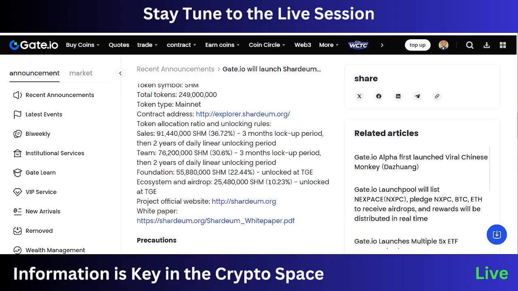The next allocation goes to the foundation.